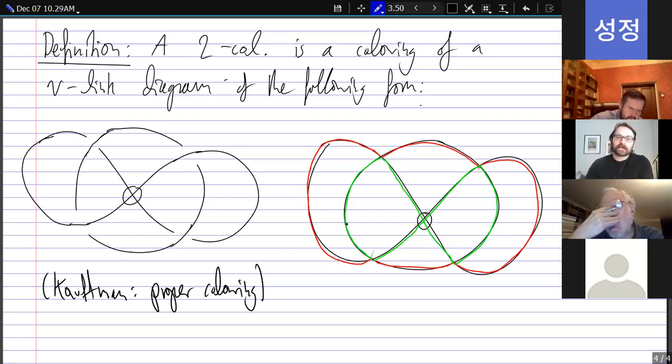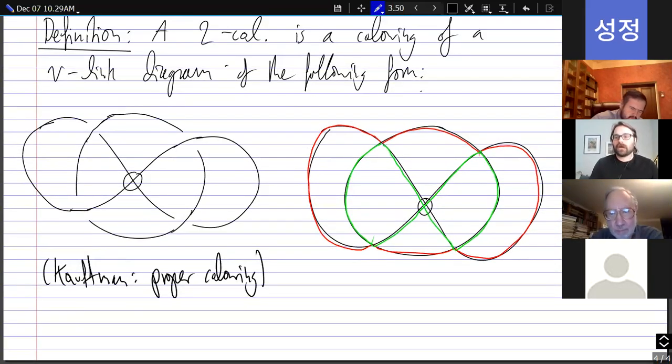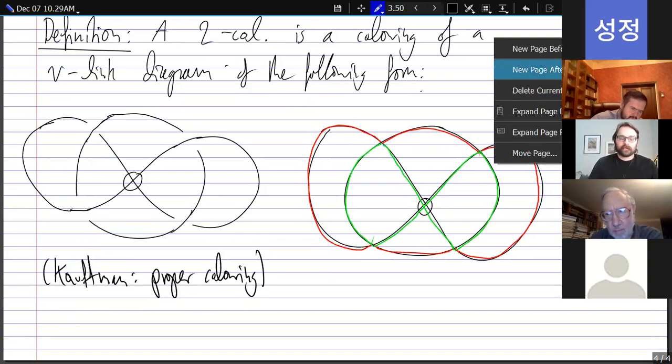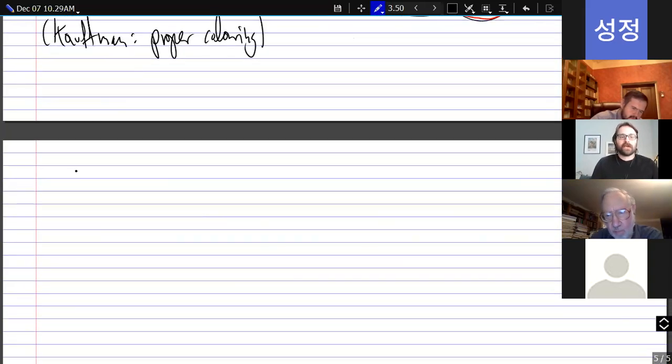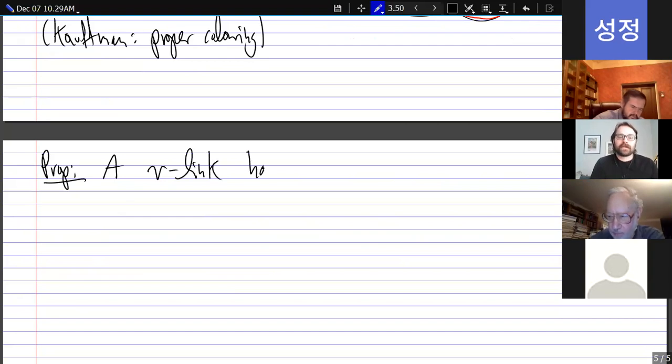So you take such an object, and it's a nice little combinatorial exercise to prove that a V-link has a two coloring if and only if the following is true.